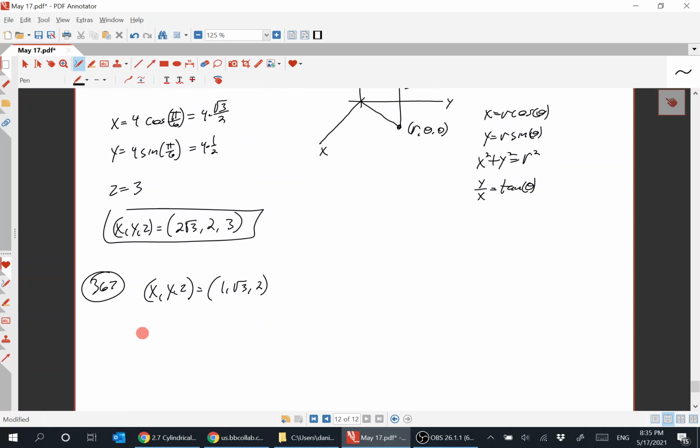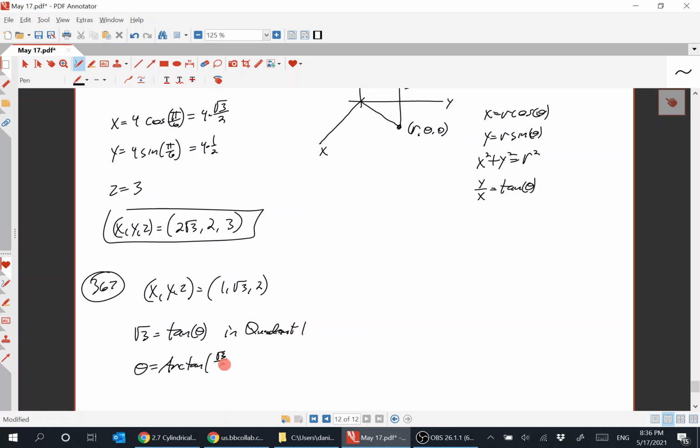So root 3 over 1 is equal to tangent theta. Right? And theta is in the first quadrant because x and y are positive. In quadrant 1. Right? So theta is arctangent of root 3.